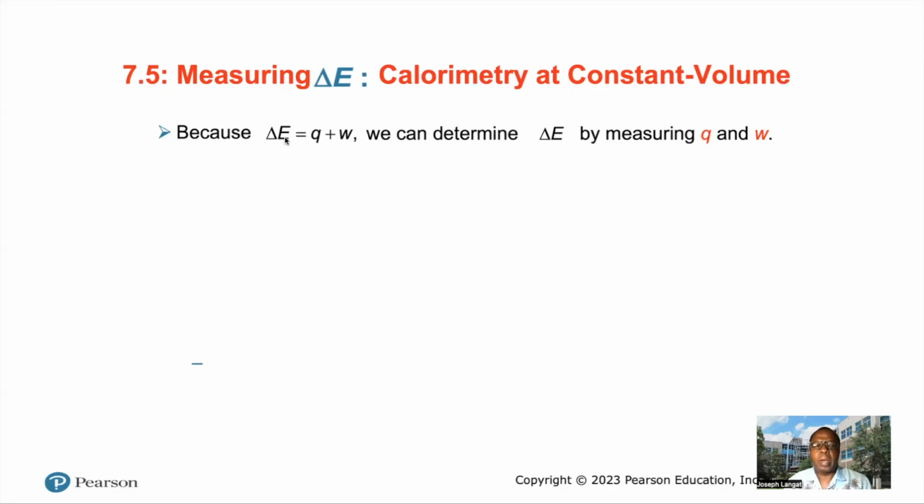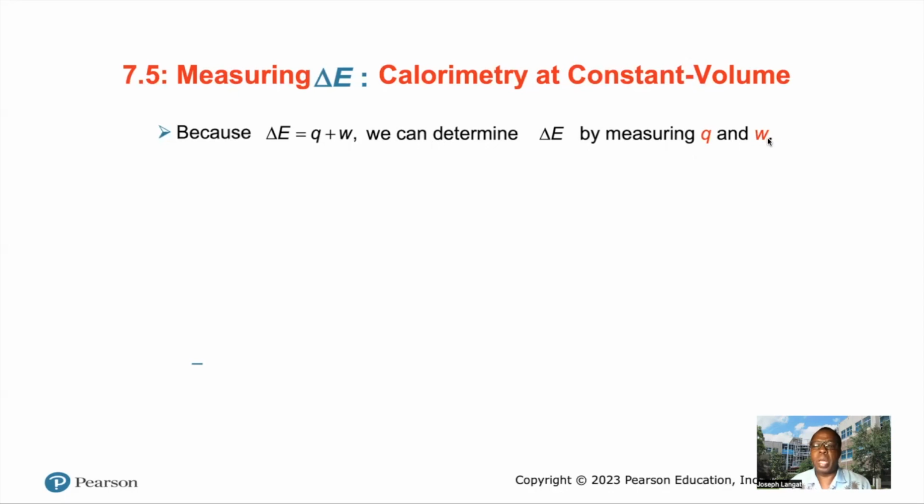Recall how we calculated the change in internal energy using the exchange of heat and work by the system with the surrounding. We can determine our change in internal energy by measuring Q and W.